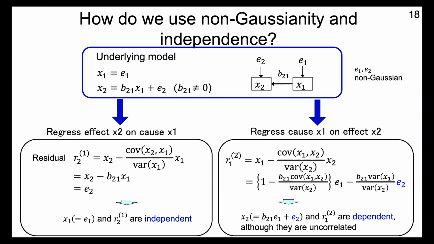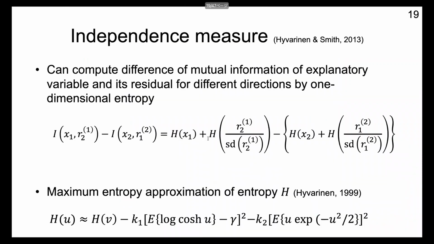So we cannot distinguish between the two causal directions for Gaussian variables. To take advantage of statistical independence, we need the non-Gaussian assumption.